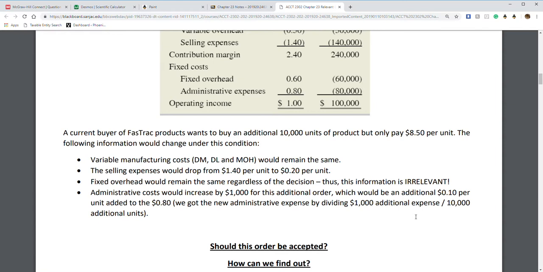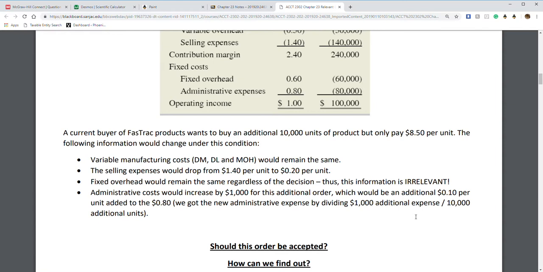So we don't have to worry too much about that part. But administrative cost would increase by 1,000 for this additional order, which would be about 10 cents per unit added to the 80 cents. And to get that 10 cents, you just take the 1,000 divided by the additional units of 10,000, and that gives us 10 cents.